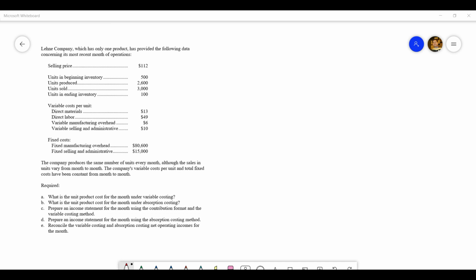Letter B, what is the unit product cost for the month under absorption costing? Letter C, prepare an income statement for the month using the contribution format and the variable costing method. Letter D, prepare an income statement for the month using the absorption costing method. And letter E, reconcile the variable costing and absorption costing net operating incomes for the month.